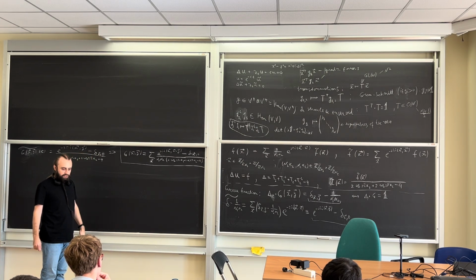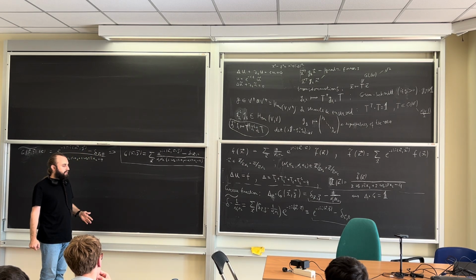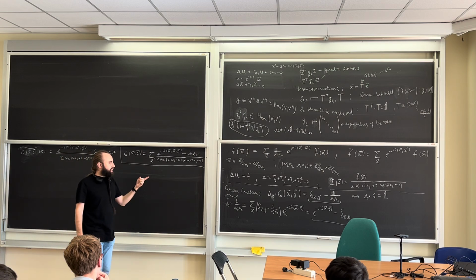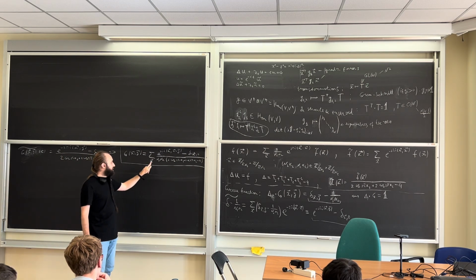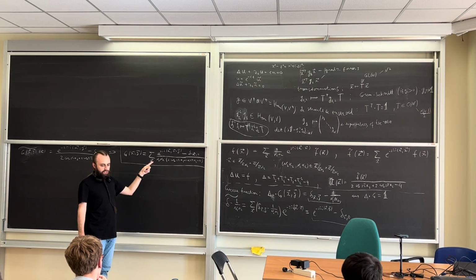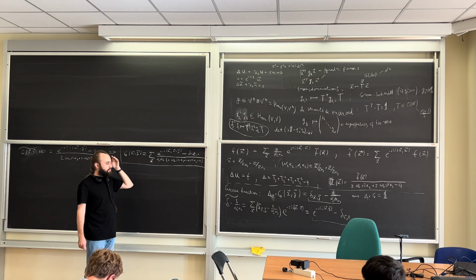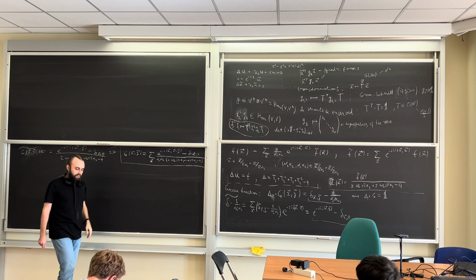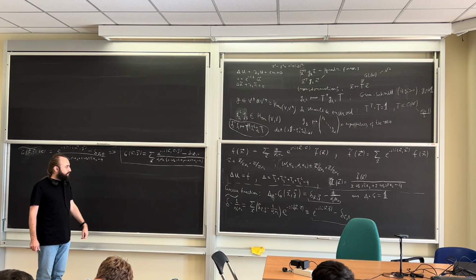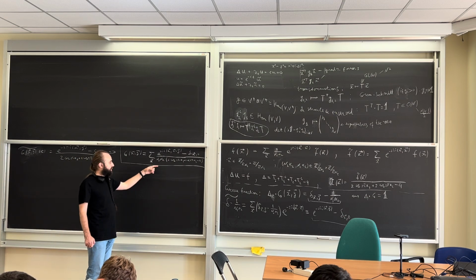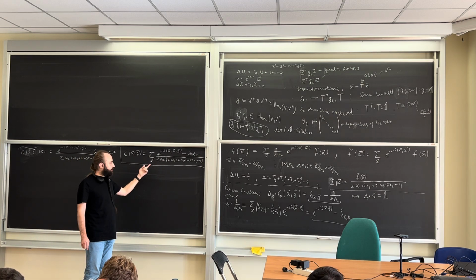So technically, it's a little better than writing this matrix and computing its inverse, because it contains only one summation. It's an explicit sum, and it's more efficient from the computational point of view.